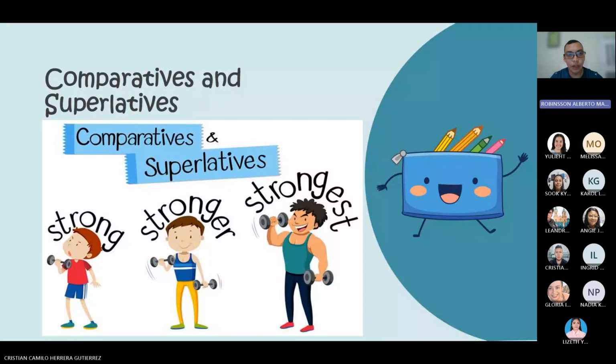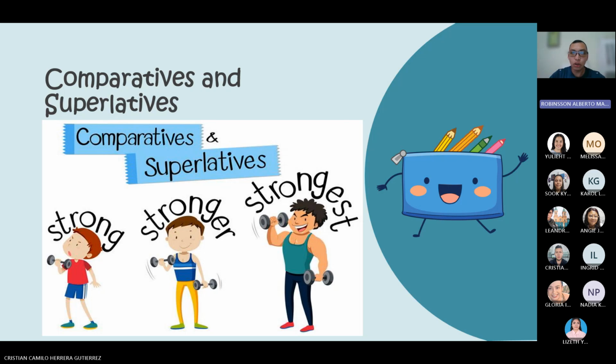Okay, so to this topic, the lingual method, it is very important to pay attention to different things. One of the most important things, as I said before, is that this method does not allow the use of the native language. That's the reason we're going to develop all the activities only in English.